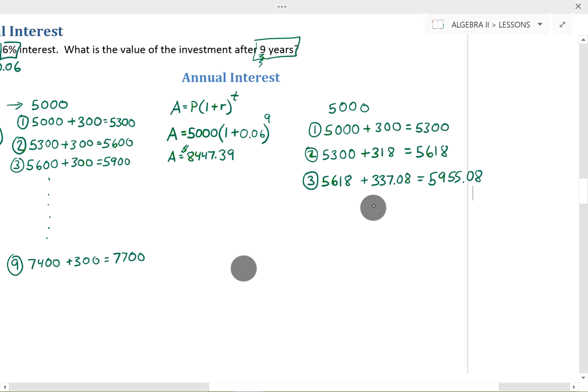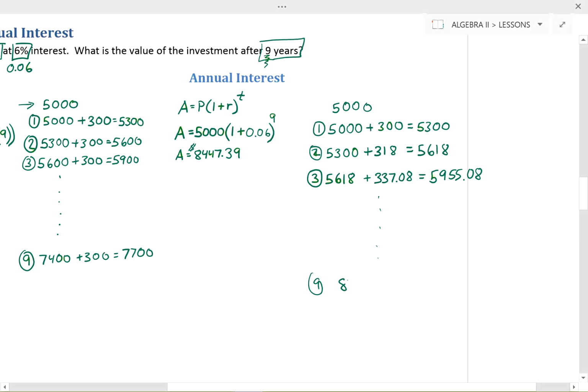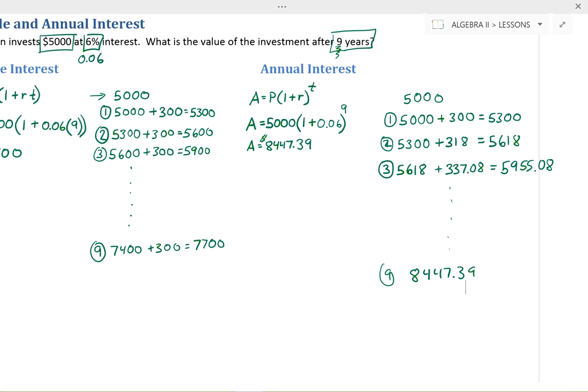If you continue this process all the way down to year 9, this is where we will end up with that $8,447.39.